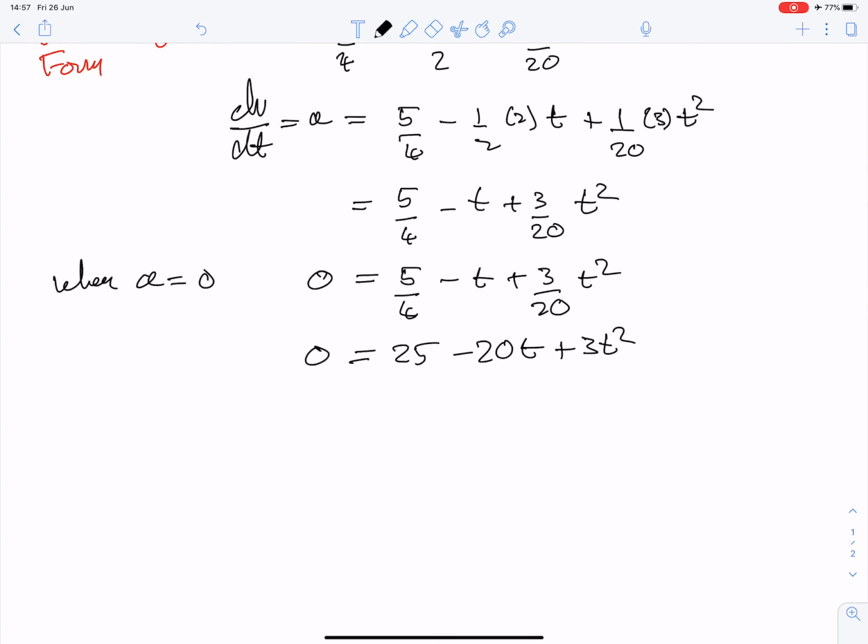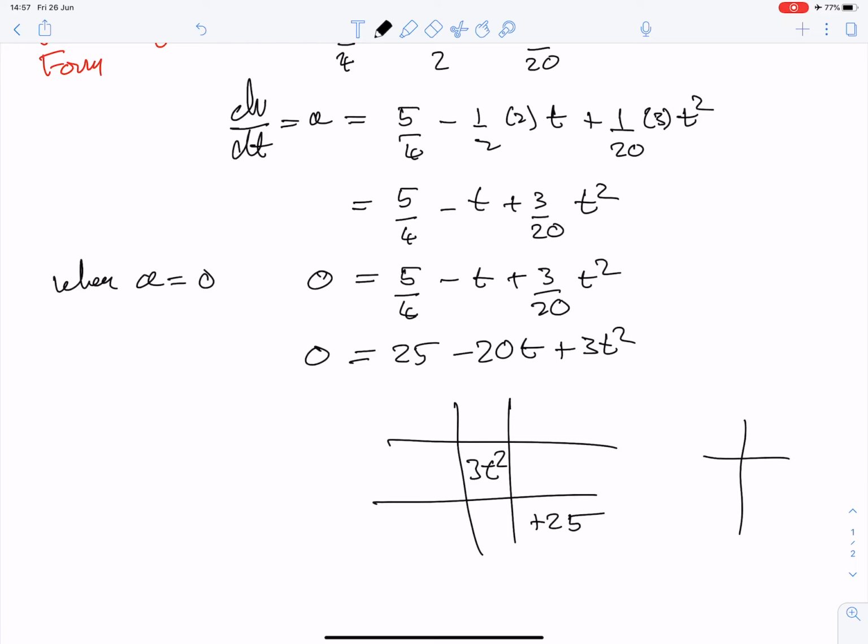That looks like it might factorise. Let's try the grid. If it doesn't, we'll have to use the equation. 3t squared plus 25. Numbers that multiply to give 3 times 25, which is 75, and add to give minus 20. How about something like 15 and 5? They multiply to give 75, and they will add to give minus 20.